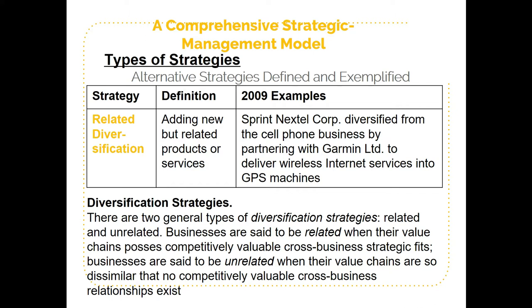They diversified from the cell phone business by partnering with Garmin Limited to deliver wireless internet services into GPS machines. So these businesses or these products or services are actually related. That's why it's called related diversification.